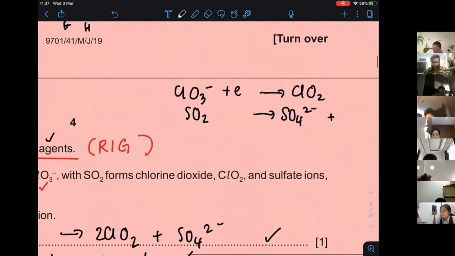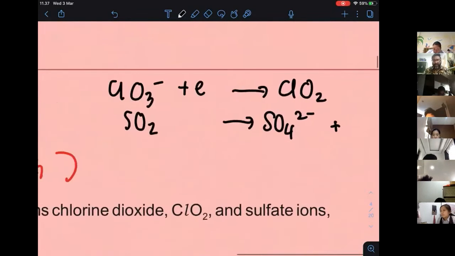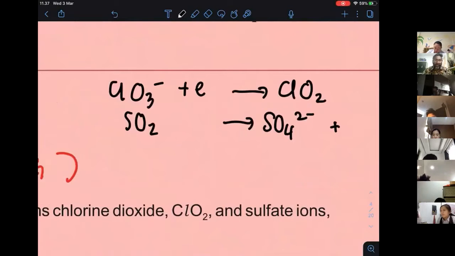Okay, you see here, the first thing is they say that the only products are going to be ClO2 and SO4 2-. But if you want to balance this, there is no way of simply balancing it with the existing elements or ions. Why?